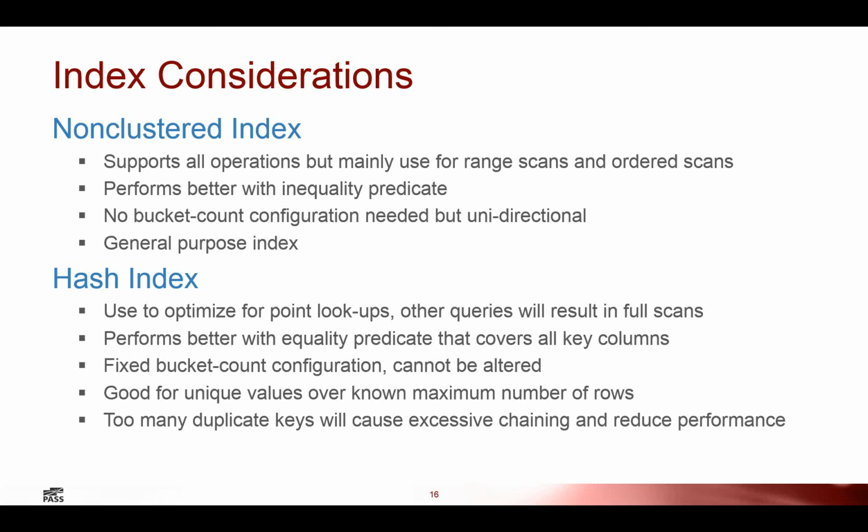For example, you know that you're never going to exceed 10 million or 100 million rows within the table, or you have some mechanism of ferrying old rows out to other storage. So a hash index requires quite a bit of maintenance, but it performs amazingly well if you use it correctly. Now, speaking of bucket count, how do you choose it?